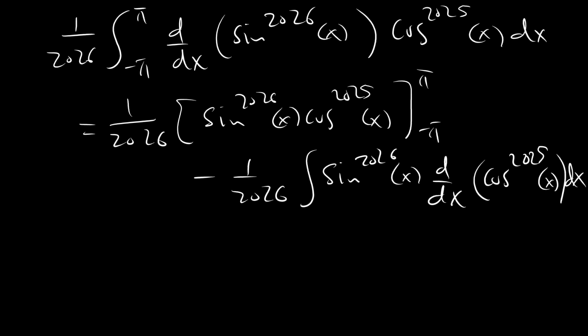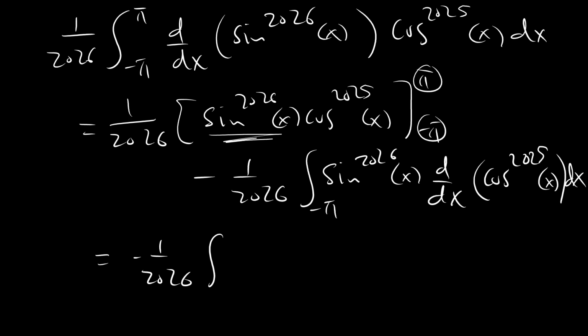As we can see here, this goes to 0 at both the upper and the lower limits. So essentially this goes to 0, and we are left with the negative term. So let's put these limits here.